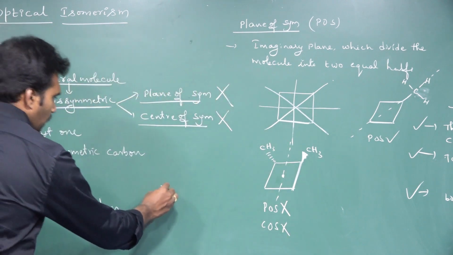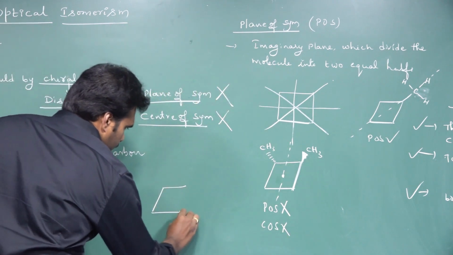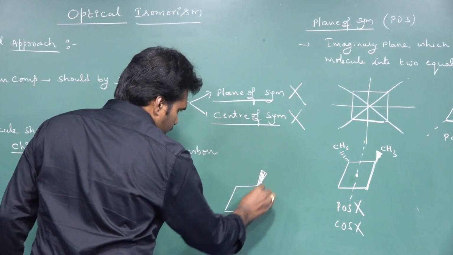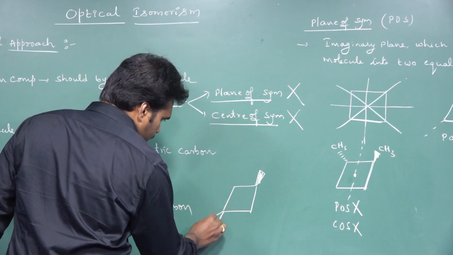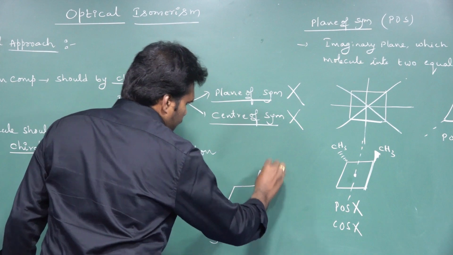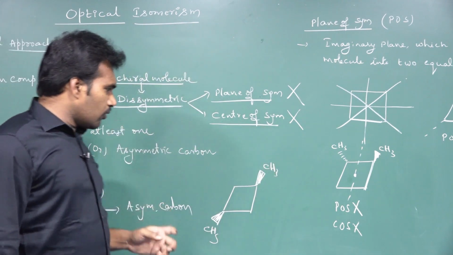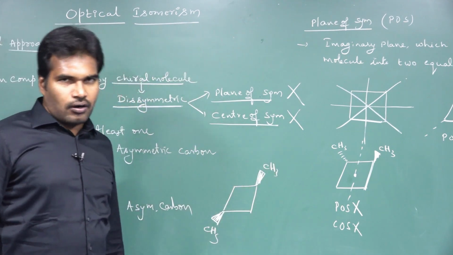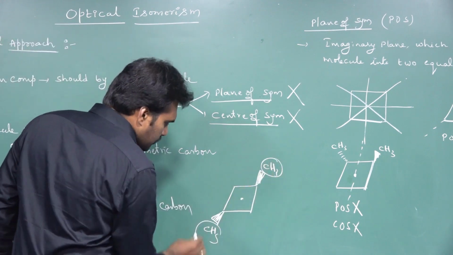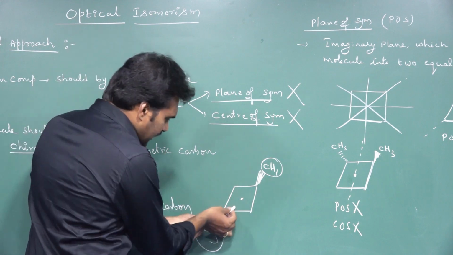Now I will give you one more compound. Now tell me, is this compound having a center of symmetry or not? See, this is the center and the two groups are opposite to each other and also equidistant.